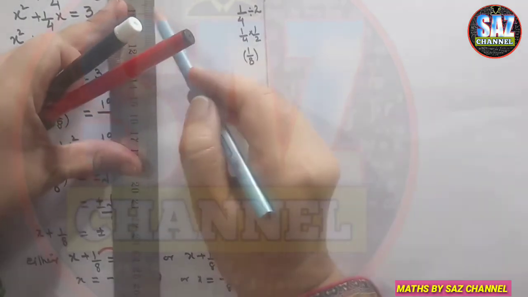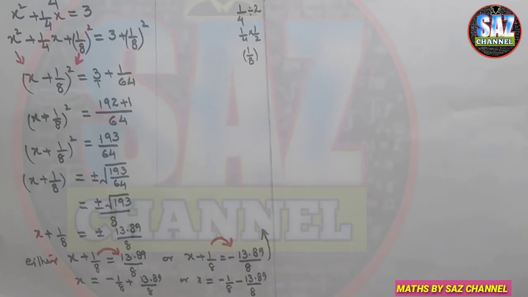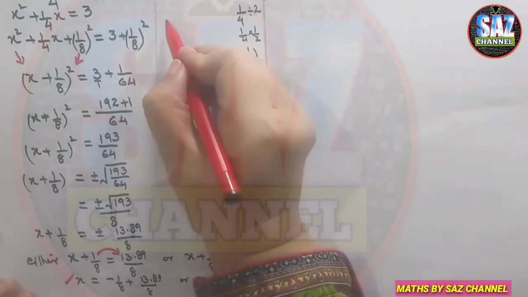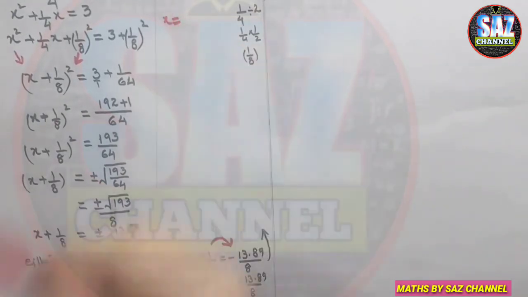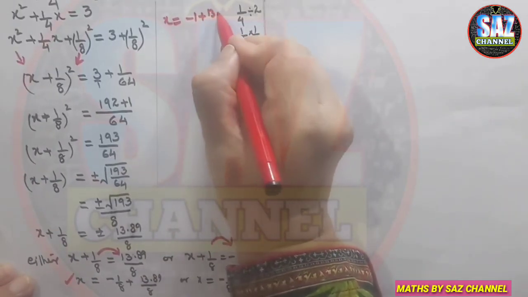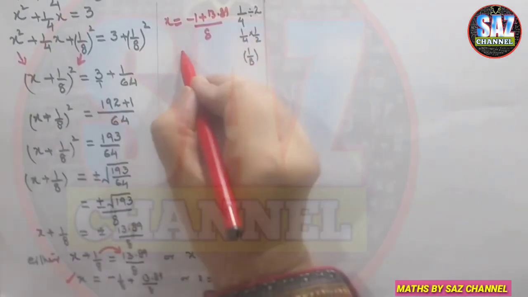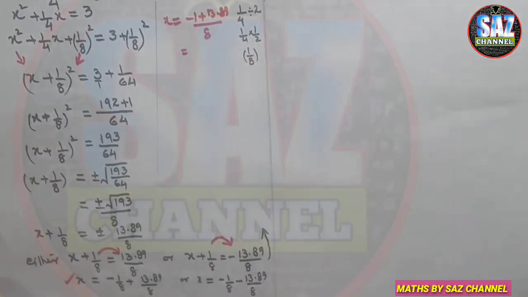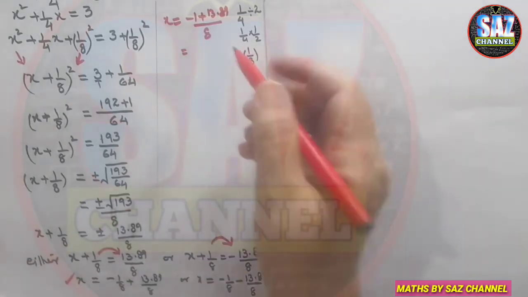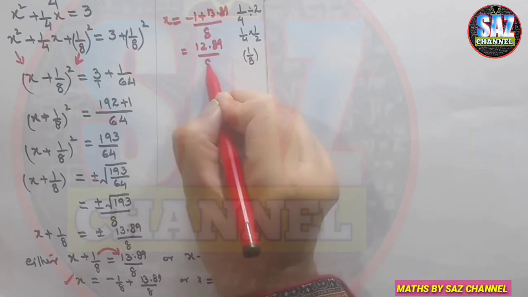So quickly let me draw the line here. From this part, x will be equal to minus 1 plus 13.89 by 8. When I take away 1 from 13.89, it will be 12.89 by 8.